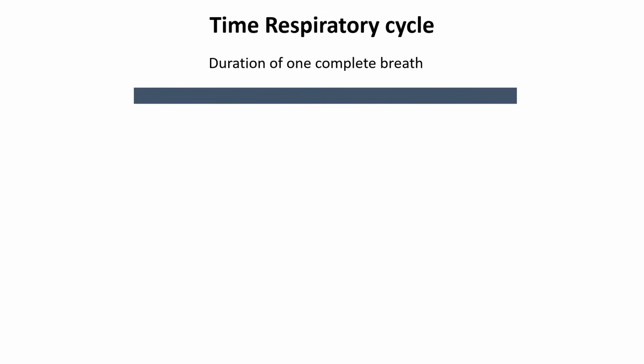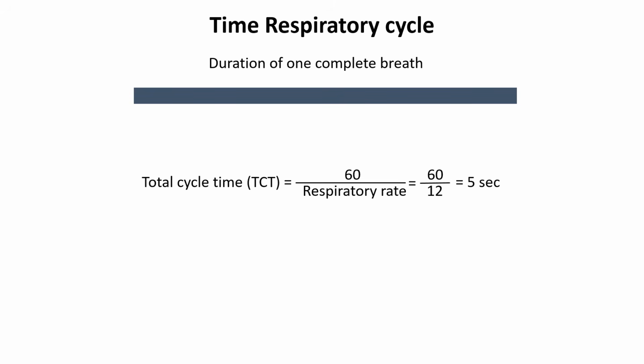The time of a respiratory cycle refers to the total duration of one complete breath, including both inspiration and expiration. It is determined by the respiratory rate and expressed as the total cycle time. For example, if the respiratory rate is 12 breaths per minute, the total cycle time would be 5 seconds per breath.